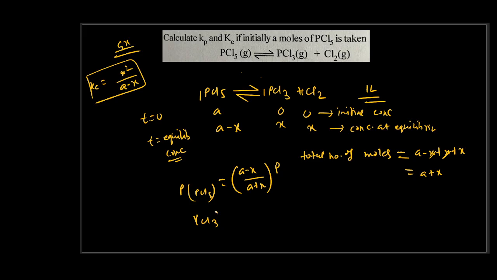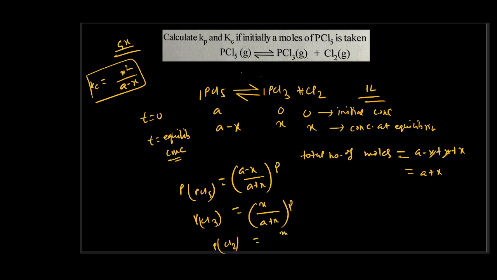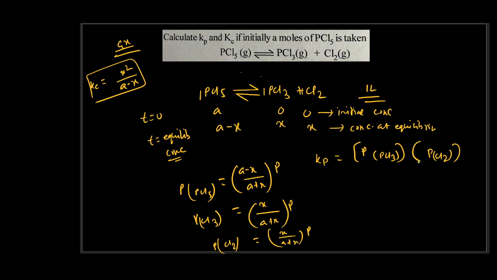Similarly for PCl3, that will be X divided by total moles, that is X by A plus X into pressure. Similarly Cl2 is X by A plus X into P. So Kp is the partial pressure of products divided by the partial pressure of reactants, that is the partial pressure of PCl3 and Cl2 divided by the pressure of PCl5.